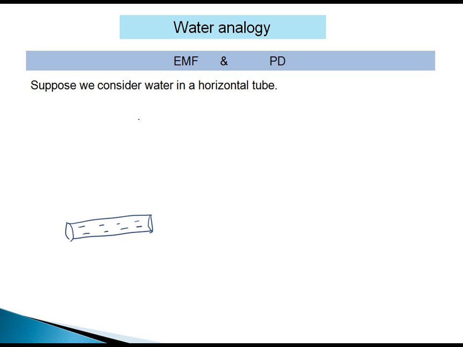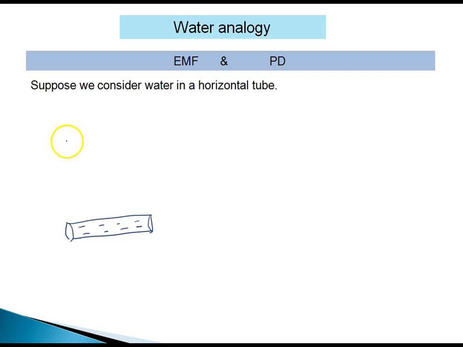Now, I am explaining the EMF and potential difference with the help of the water analogy. Suppose this is a horizontal tube, and in this tube there is water. All of you know this water cannot come out from the tube because there is no pressure difference. Water will come out when there is a pressure difference, that we know very well.